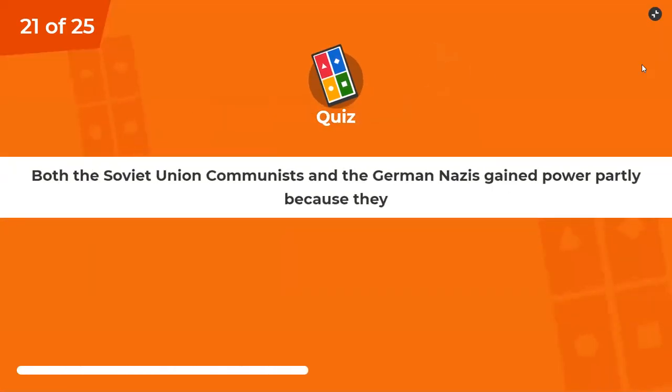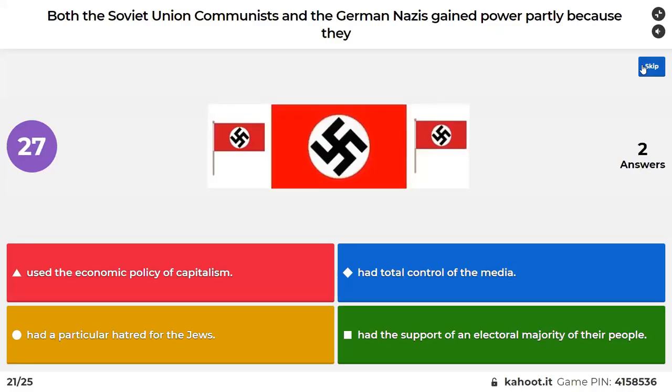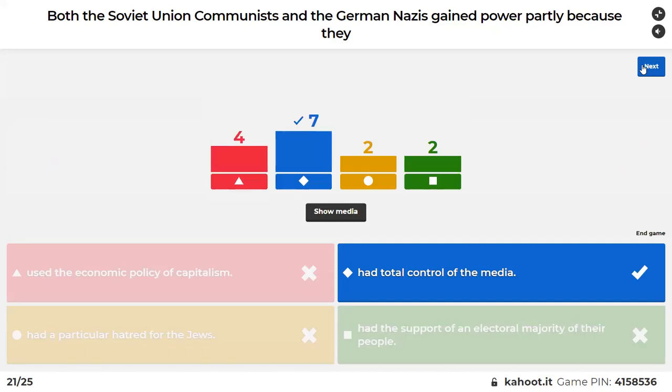Both the Soviet Union communists and the German Nazis gained power partly because they did what? Right?